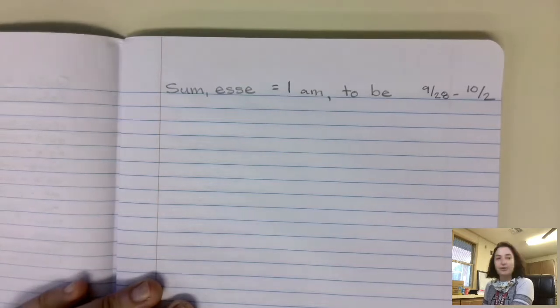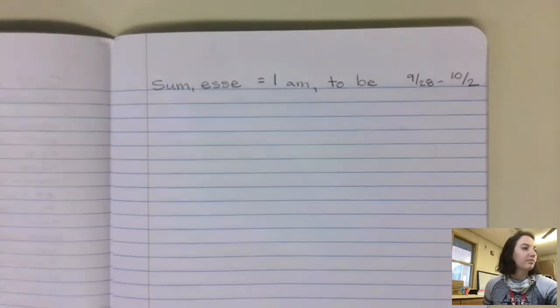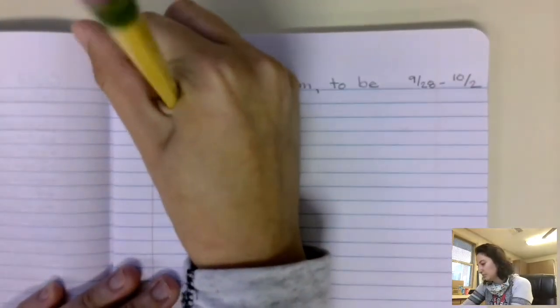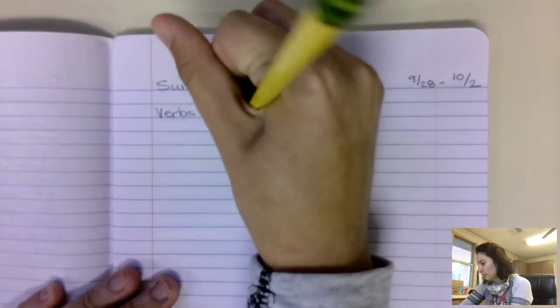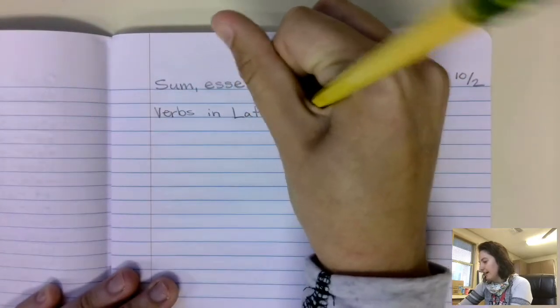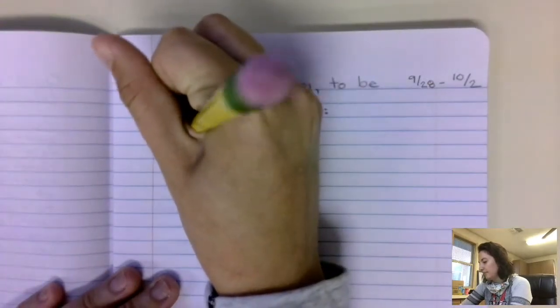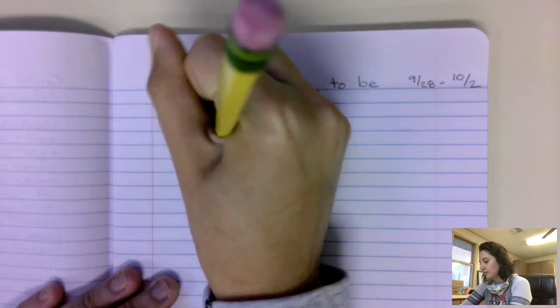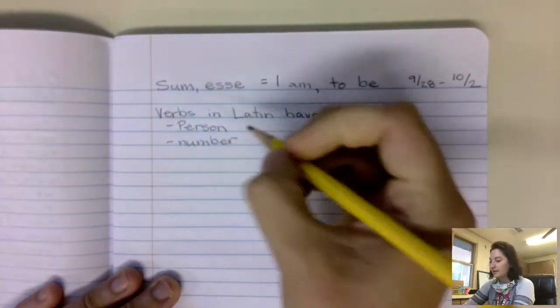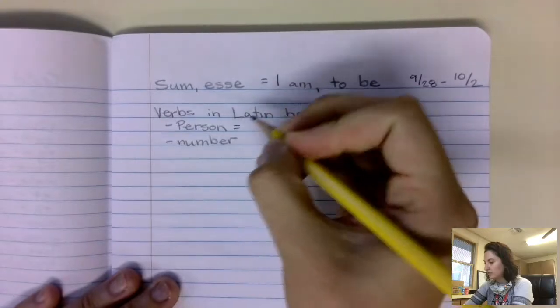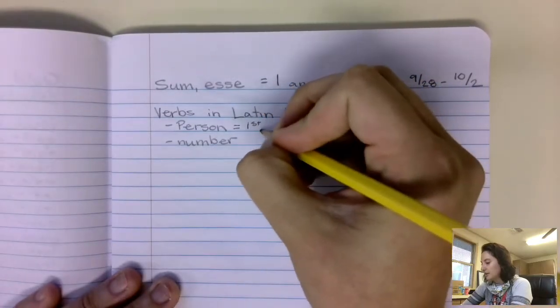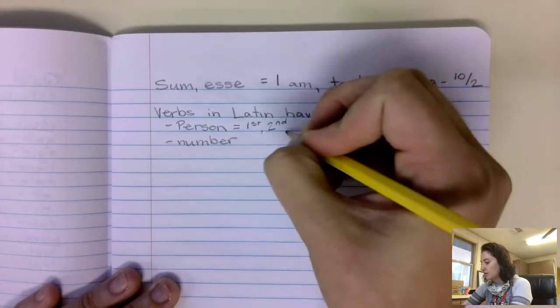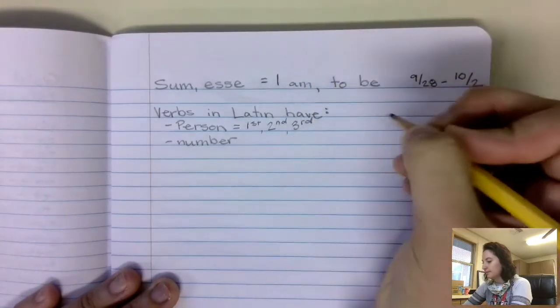Alright, so this word is a verb. And verbs in Latin have person and number. Person can be first, second, or third person.